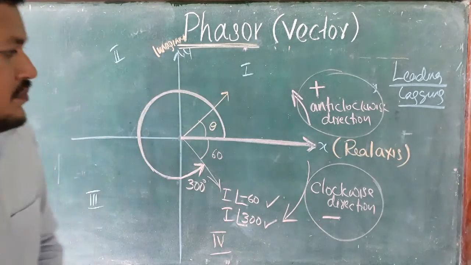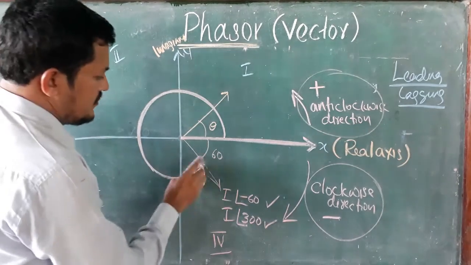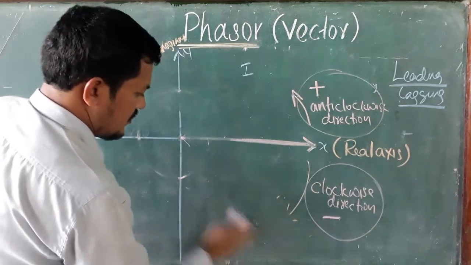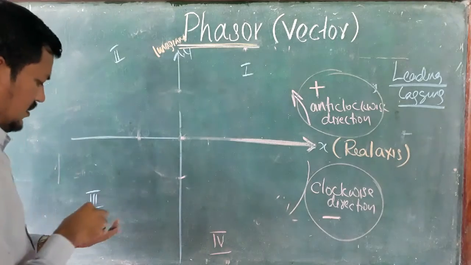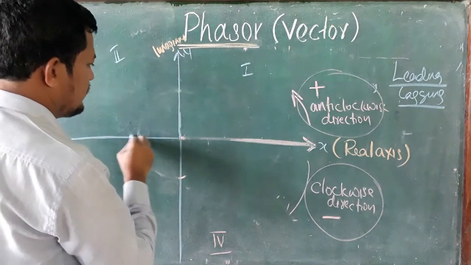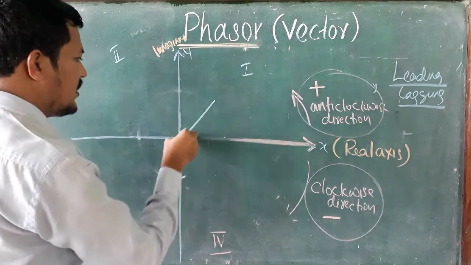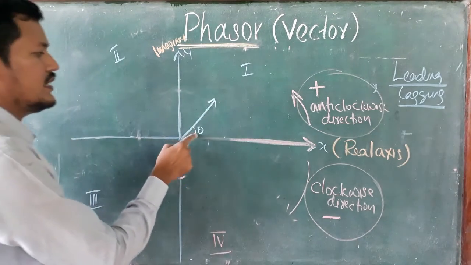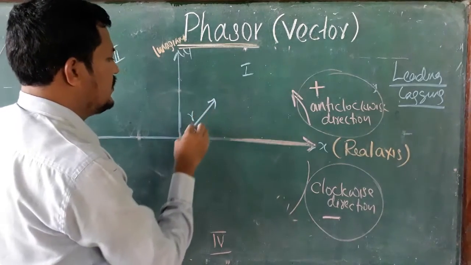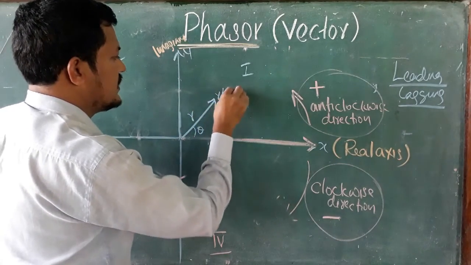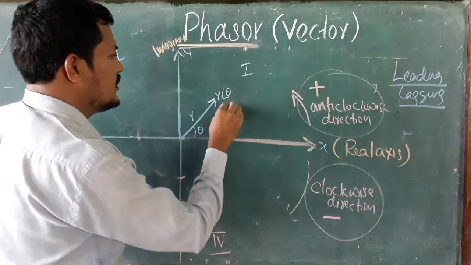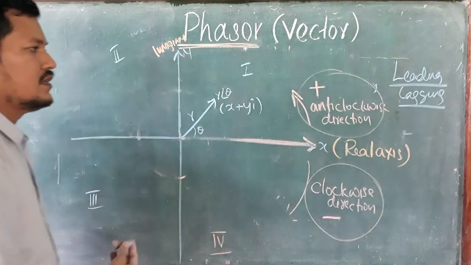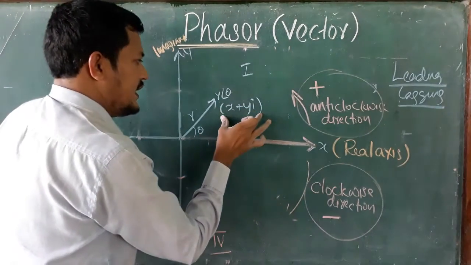So just remember, suppose we have a polar form r at an angle theta, we can convert this into x plus yi. Clear? We can convert into rectangular form.